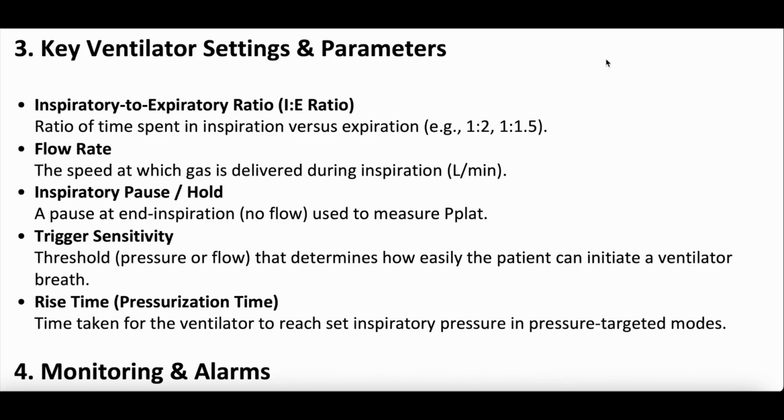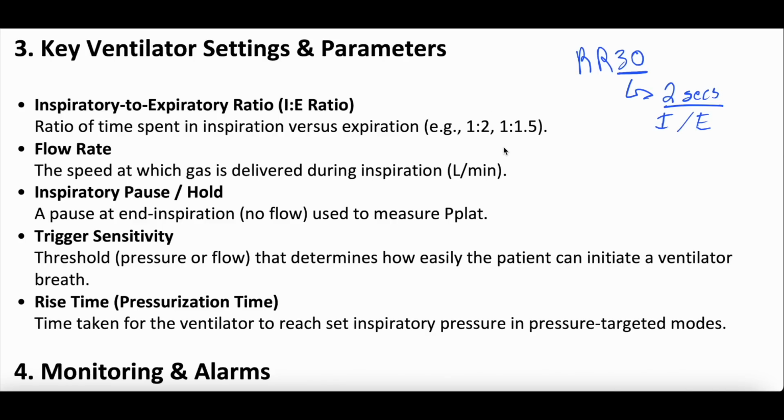So if I set a respiratory rate of 30, the ventilator has to give 30 breaths each minute, which means on average each breath only lasts about 2 seconds. So the I to E ratio is, if I can only give a breath in 2 seconds, how much of that time is going to be inspiration versus expiration?